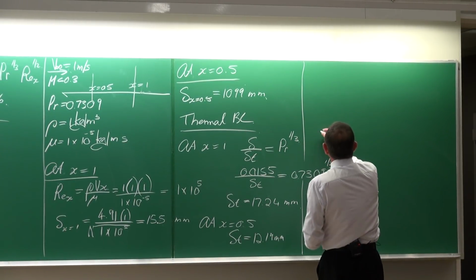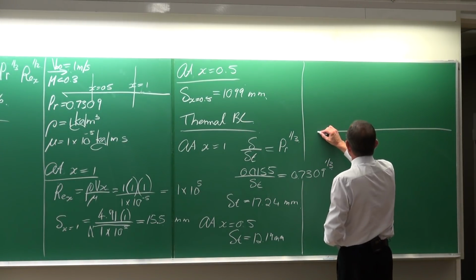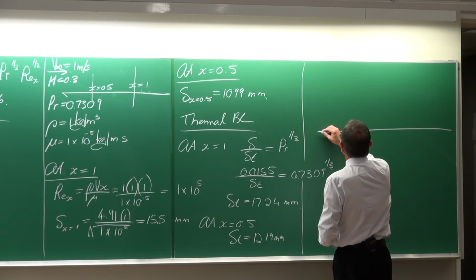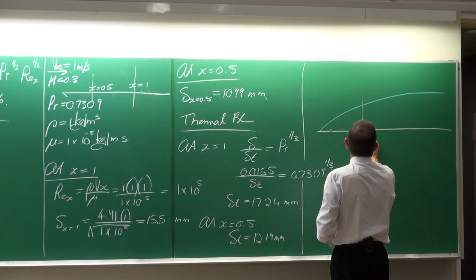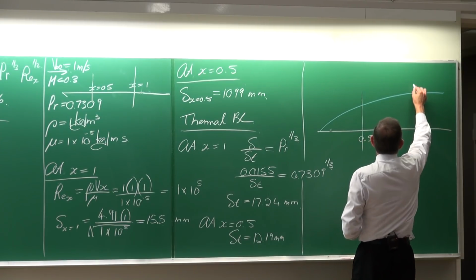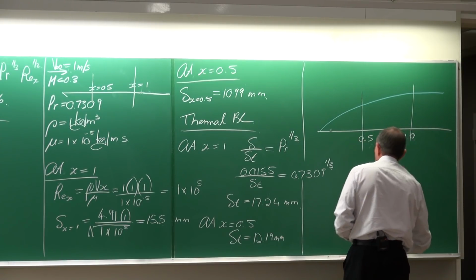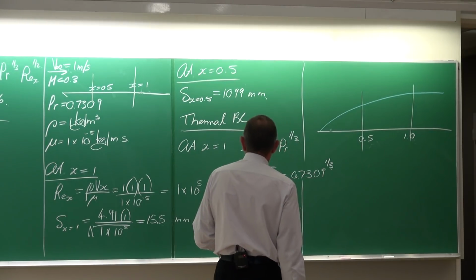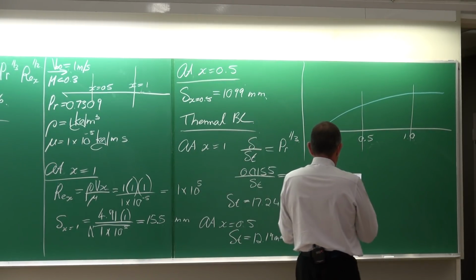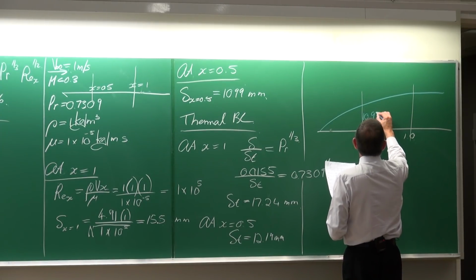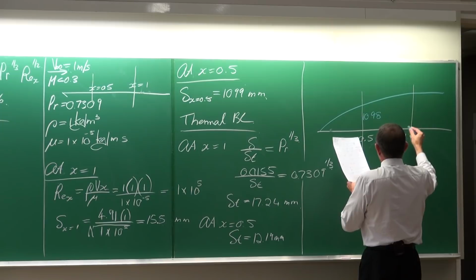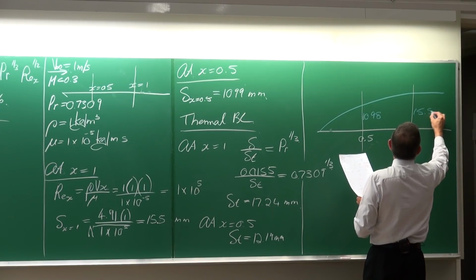Right, let's just show it schematically. So if that is the plate, and this is the velocity boundary layer, and that is at 0.5 meters from the leading edge, and that is 1 meter from the leading edge, then this would be equal to 10.98, and that would be equal to 15.53.